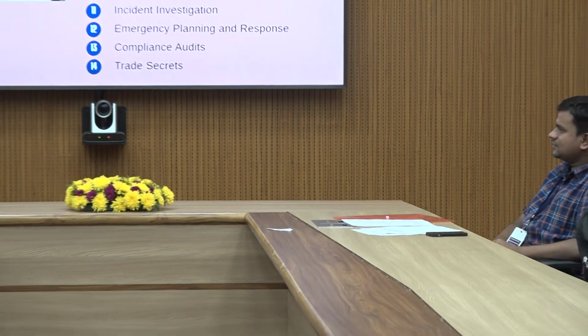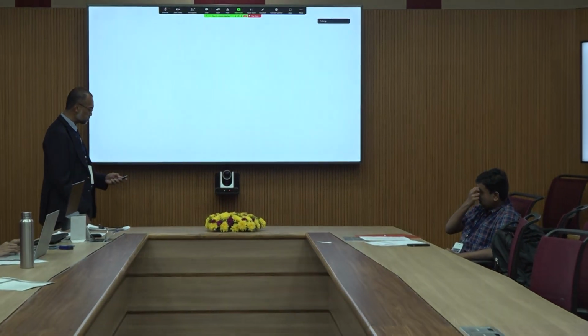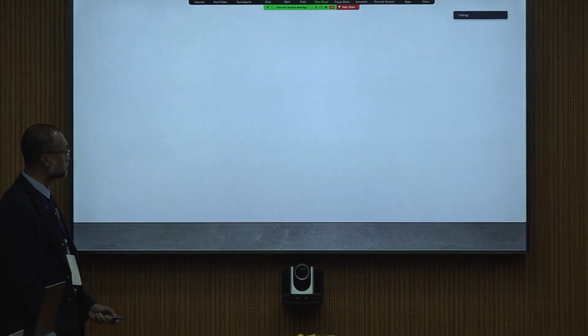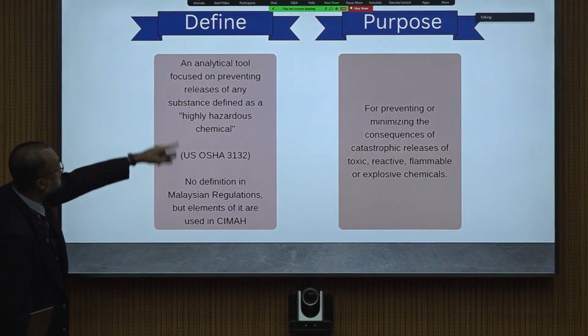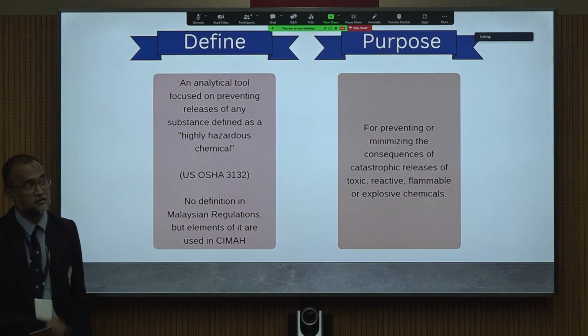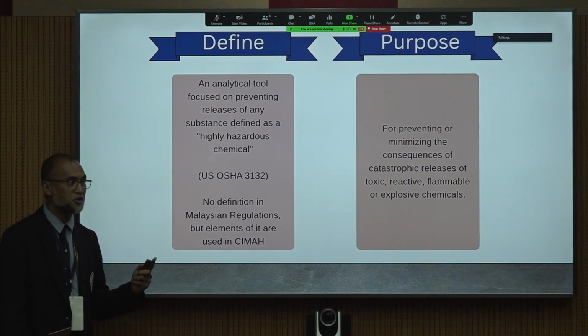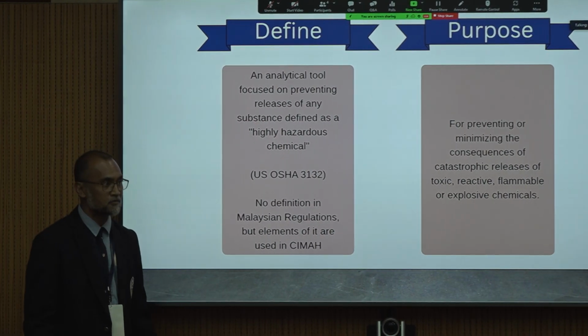In the US, it is a company that has highly hazardous chemicals above a certain quantity. So this is a license to operate. So the cost of it is just the cost of doing business.